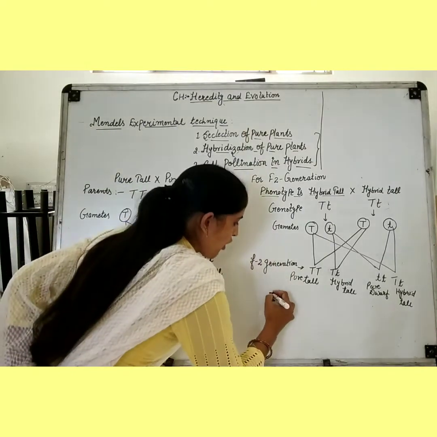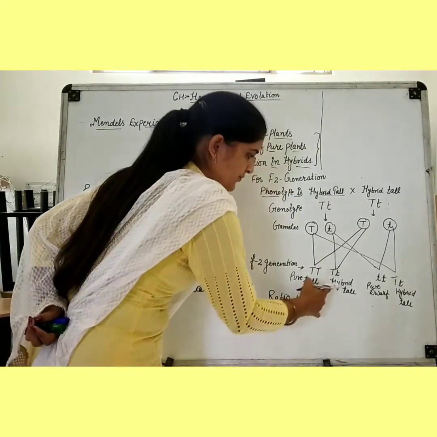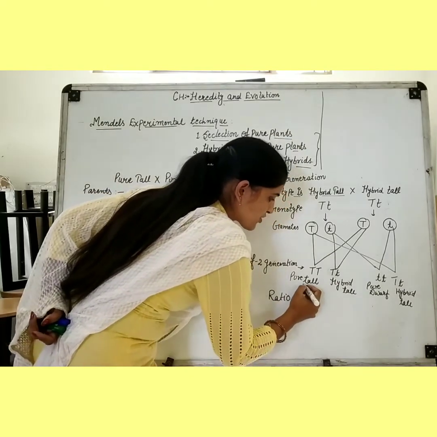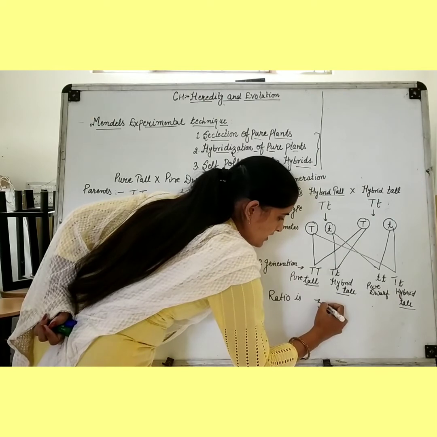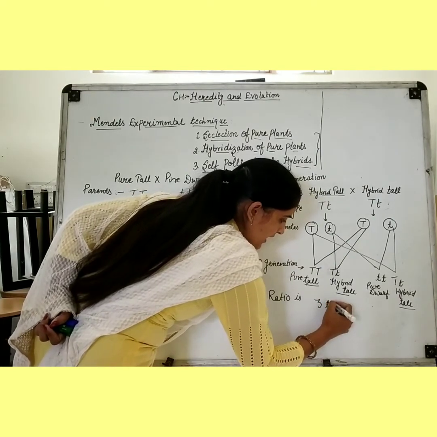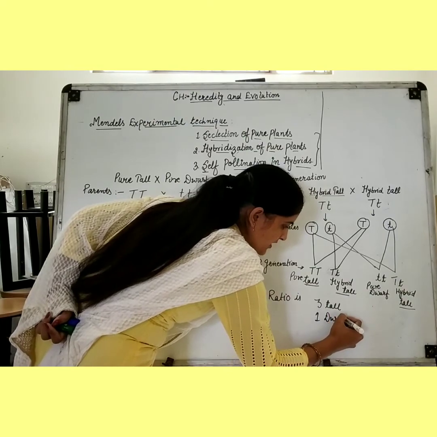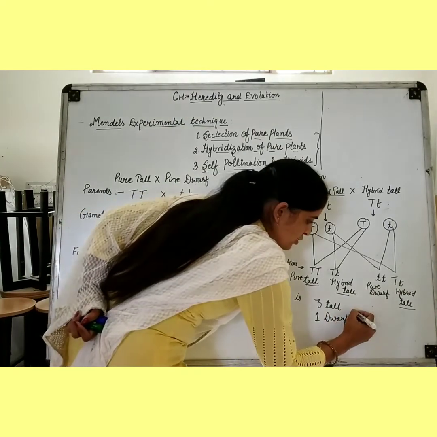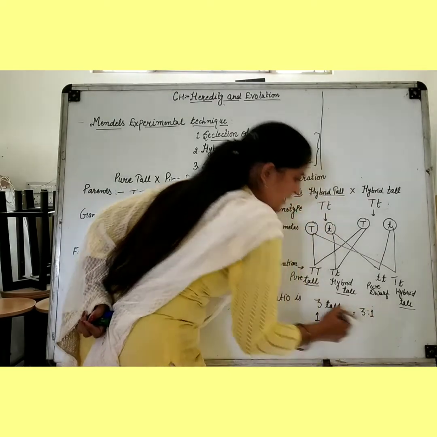And the ratio of the F2 generation is: 3 are tall, this is tall, this is tall, and this is tall. 3 are tall and 1 is dwarf. The ratio is 3:1.